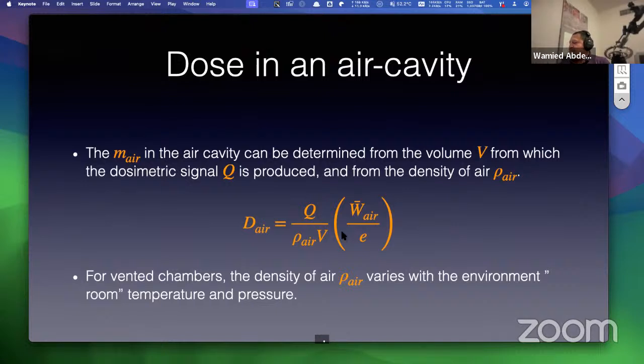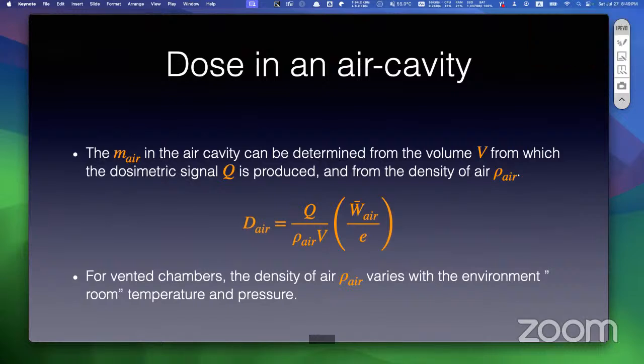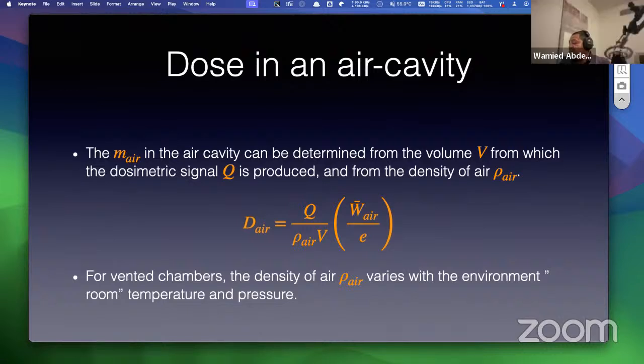So N gas has a unit; the SI unit for it is joules per kilogram per coulomb.